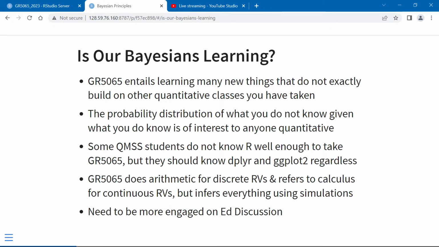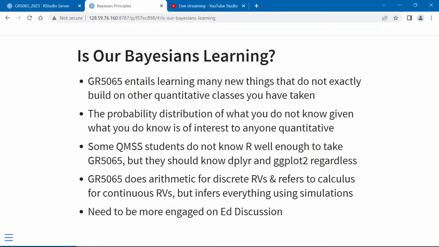So that is something that you should pick up whether you were planning to use Bayesian methods or not. But the more abstract stuff that we've done, I don't think there's anything about it that is fundamentally unlearnable by QMSS students, although there's a lot of stuff to learn.